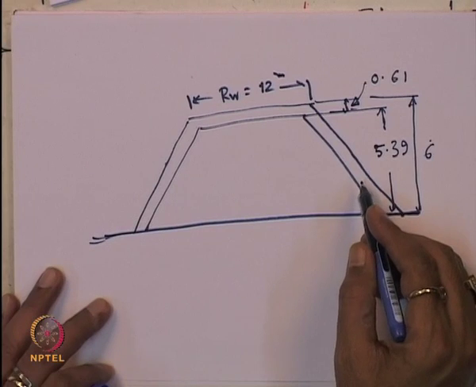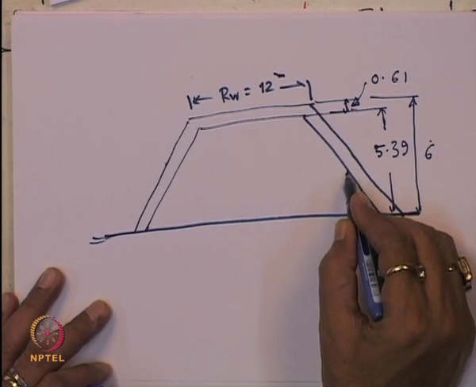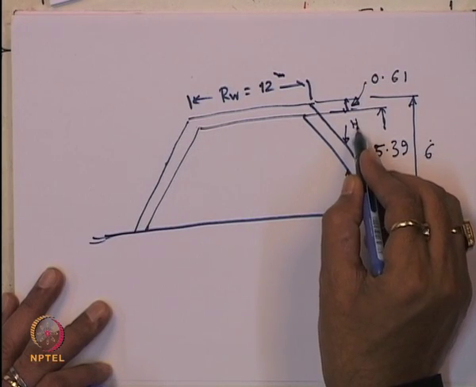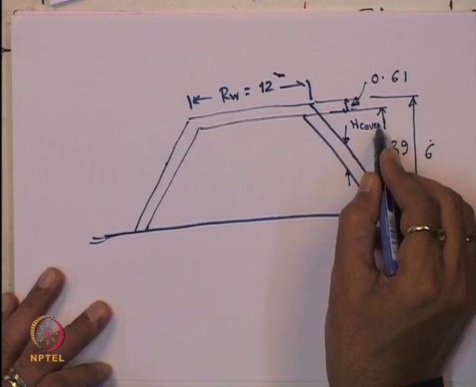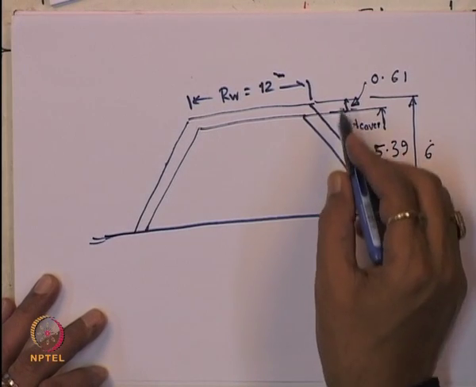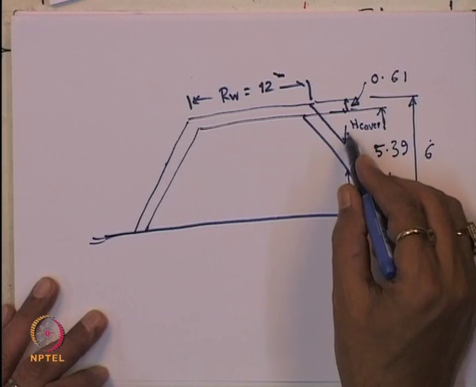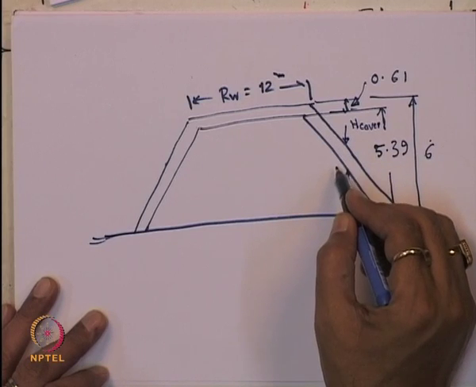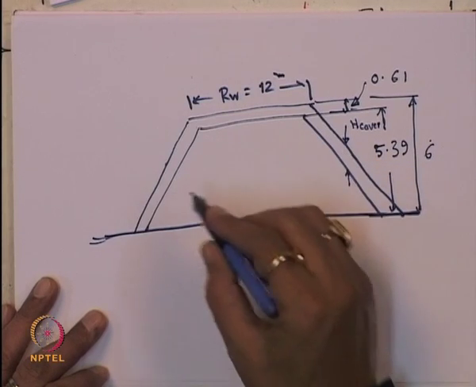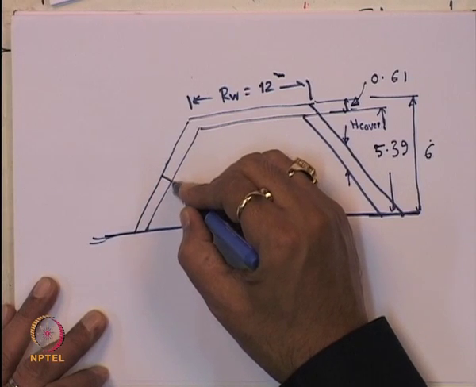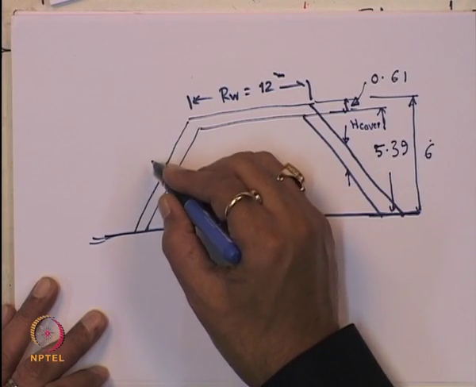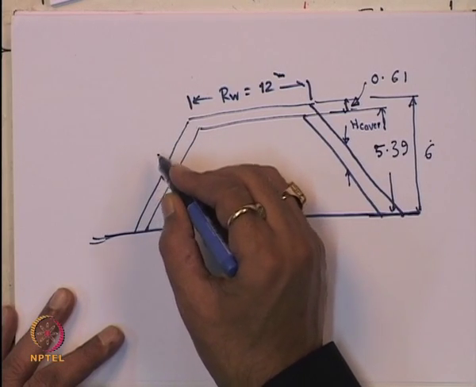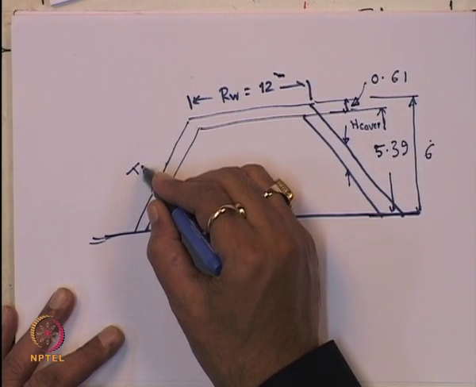Now, this covered soil, suppose this is what we call the H cover. So, this H cover is the vertical thickness of the soil cover. Whereas this is also soil cover. Let us say that this is T cover.